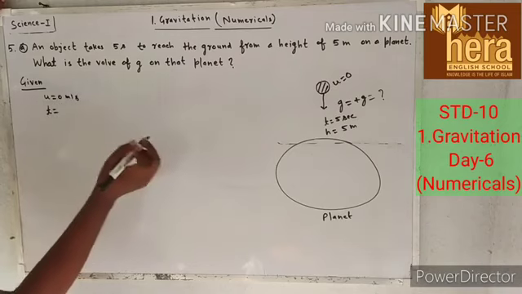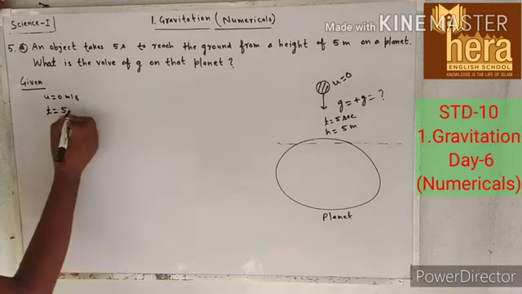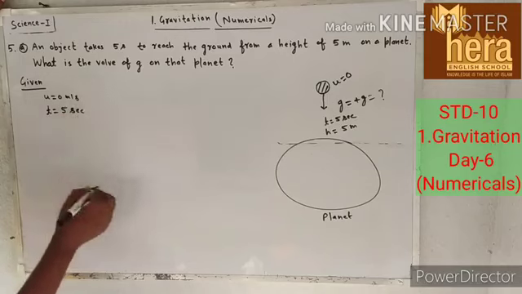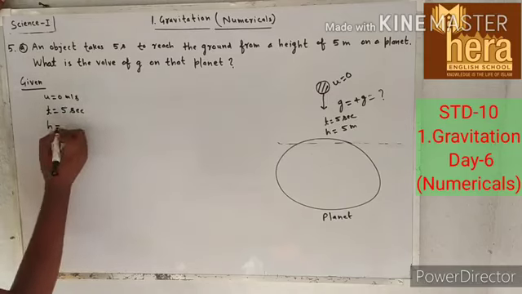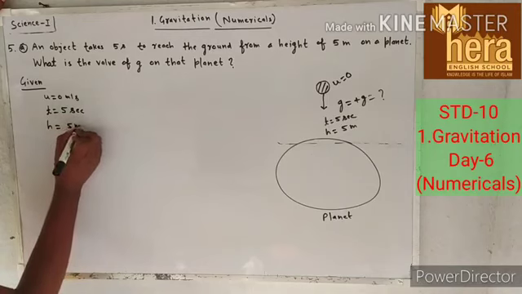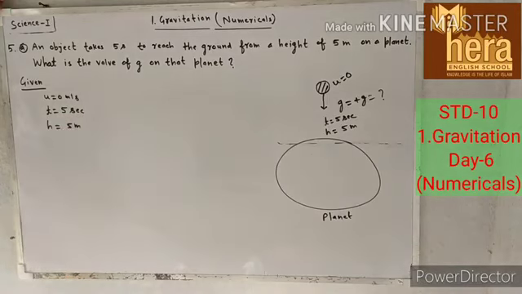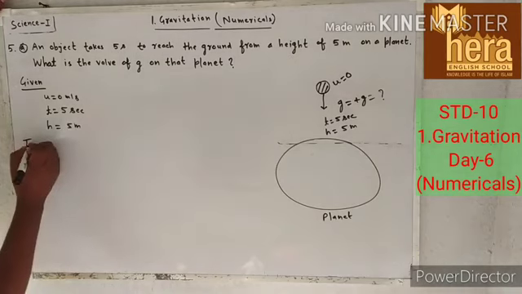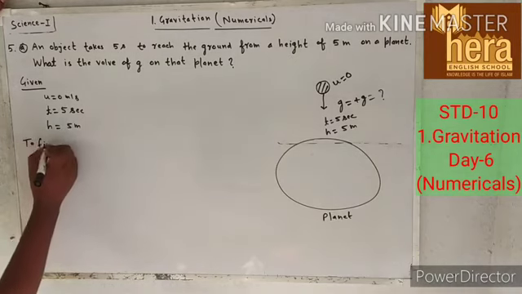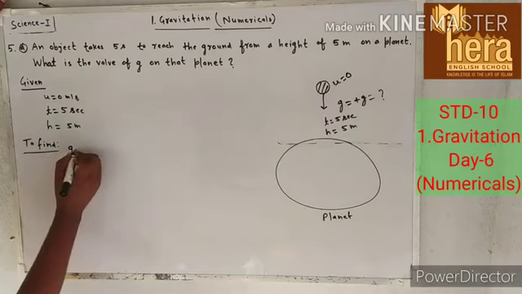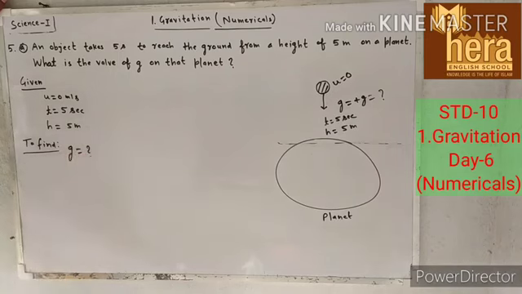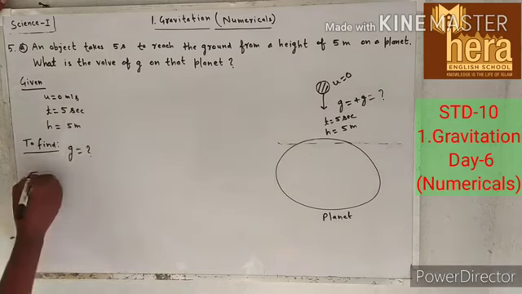T is equal to how much? 5 seconds. H is equal to how much? 5 meter. Given. Then to find, G is equal to question mark, then formula used.